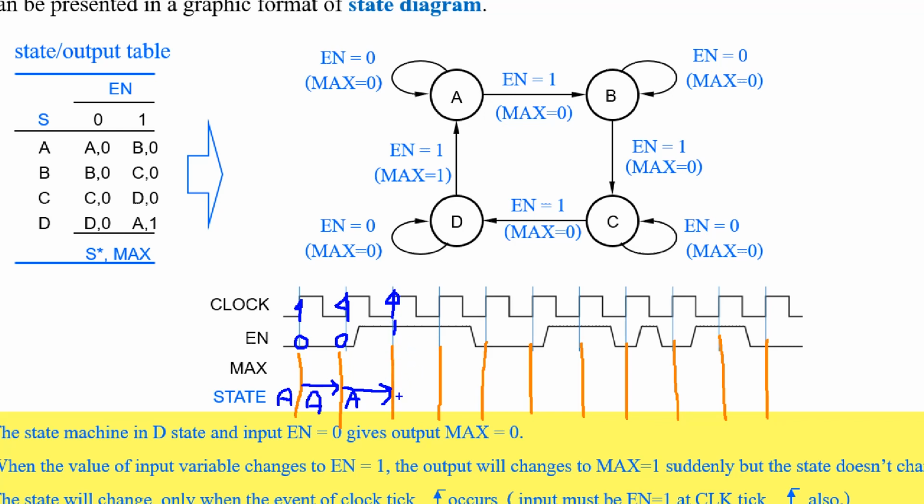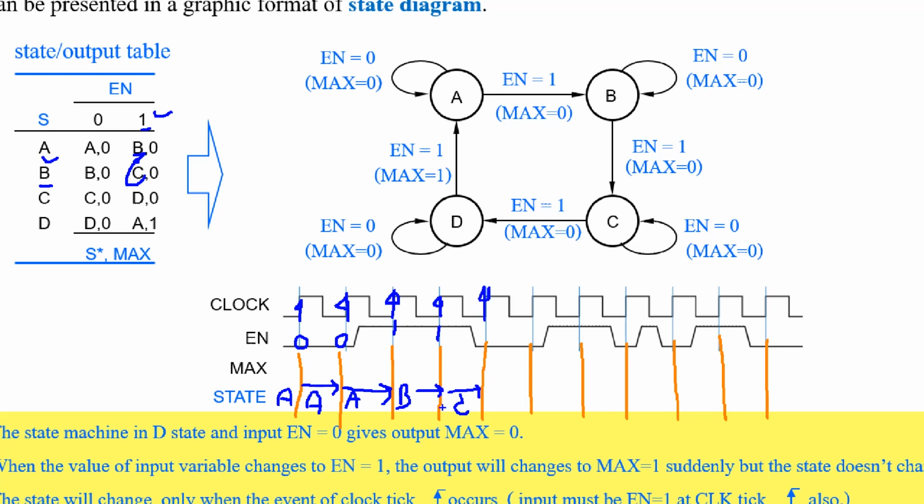Now en is 1, so state A with en is 1 goes to state B. So it changes to B and stays state B until the next clock tick. Now input is 1, state B with input 1 goes to state C. Change to C and continue C until the next clock tick.